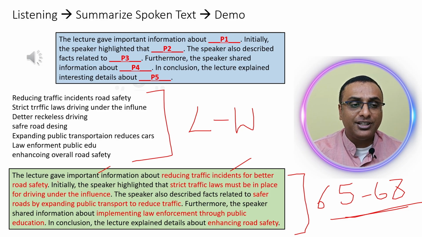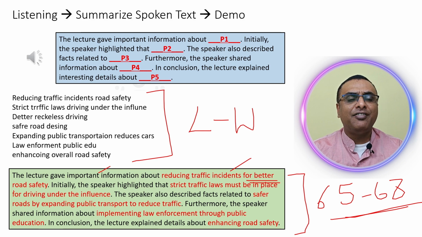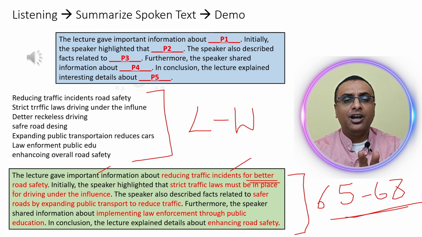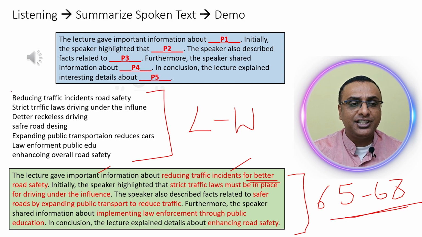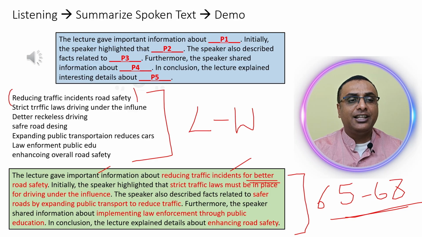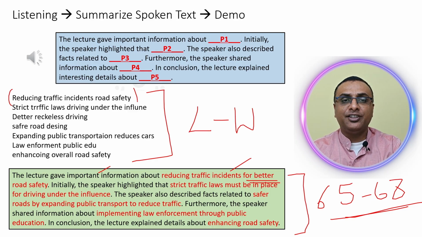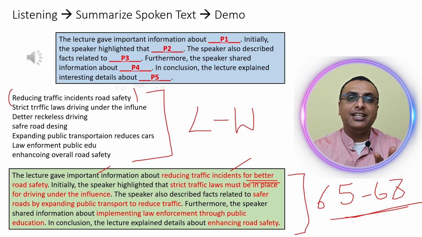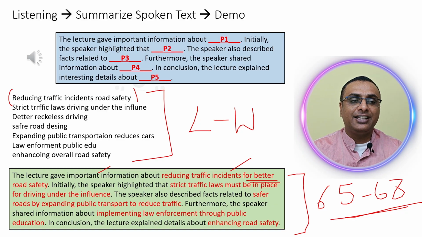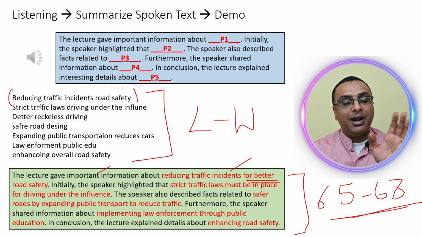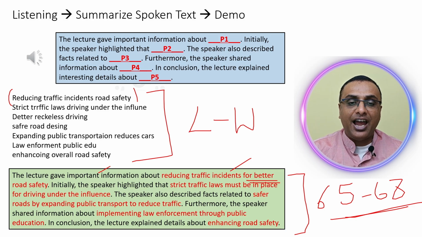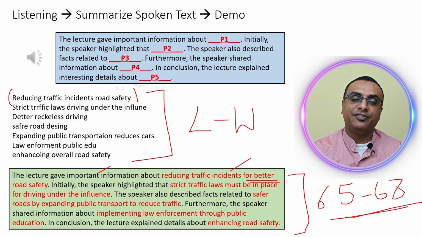Over here, if you can see, the lecture gave important information about reducing traffic incidents for better road safety. I have added a few words over here, for better road safety. If I just write this particular phrase telling that reducing traffic incident road safety, it will not make any sense and it will be grammatically incorrect. So to make it a grammatically correct sentence, I have added the words for better road safety.